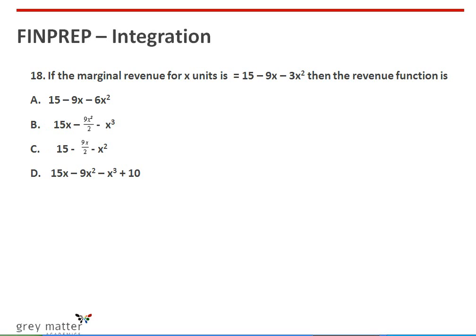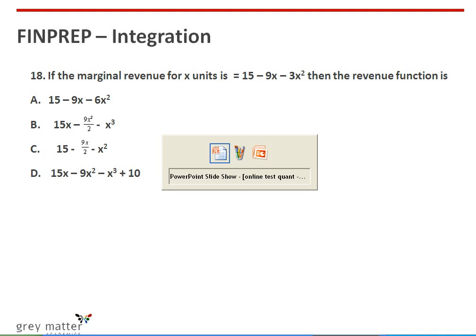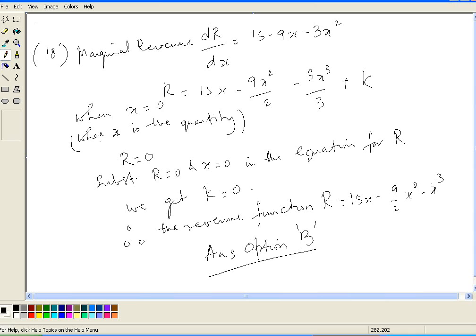Eighteenth question. If the marginal revenue for x units is 15 minus 9x minus 3x squared, then the revenue function needs to be calculated. Going back to our worksheet, marginal revenue is given as dR by dx, which is equal to 15 minus 9x minus 3x squared. So when we want to find the revenue R, on integrating we get the function as 15x minus 9x squared by 2 minus 3x cubed by 3 plus k.